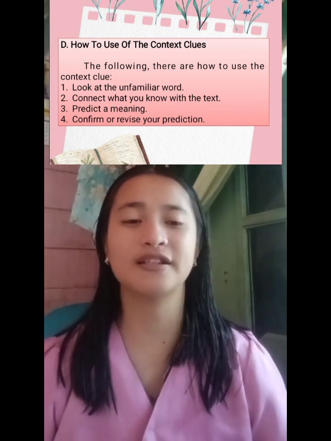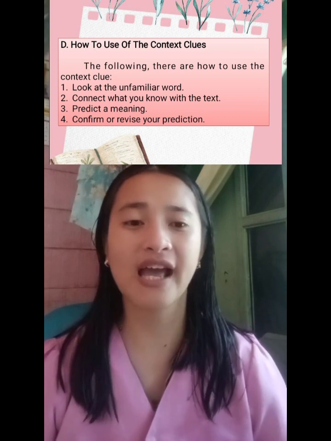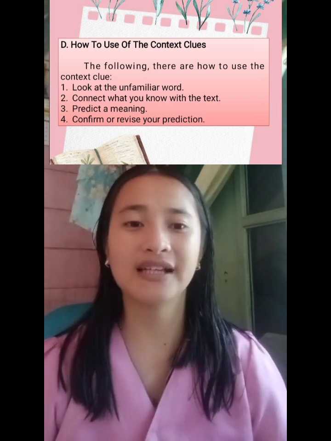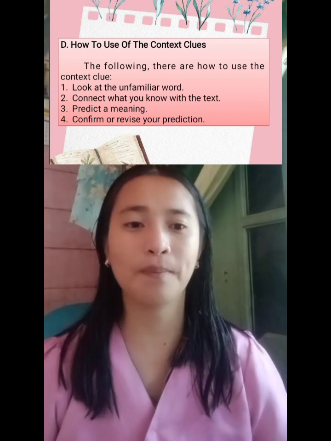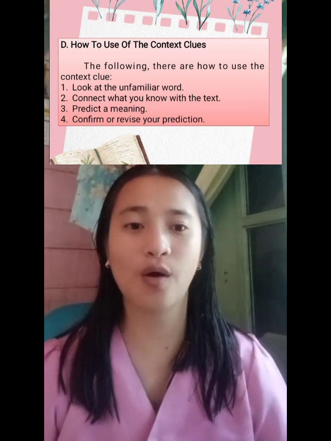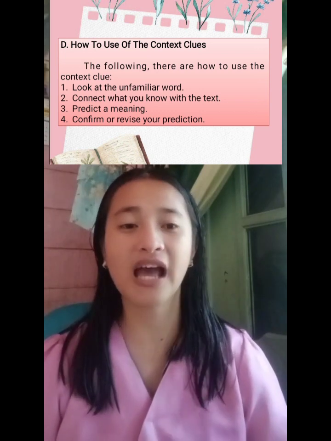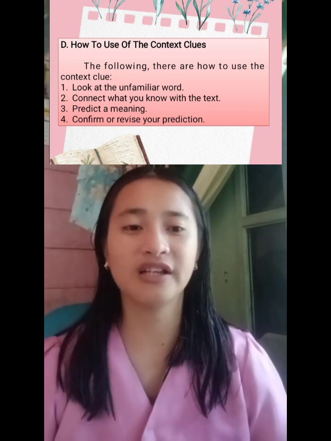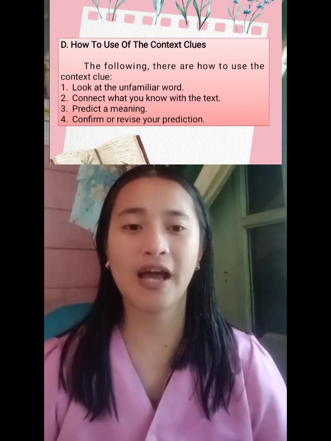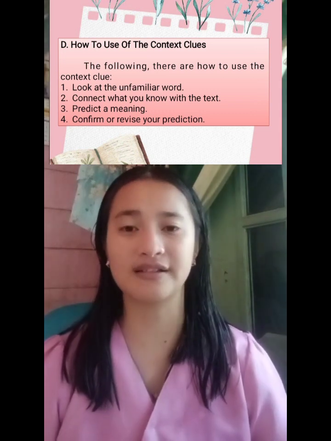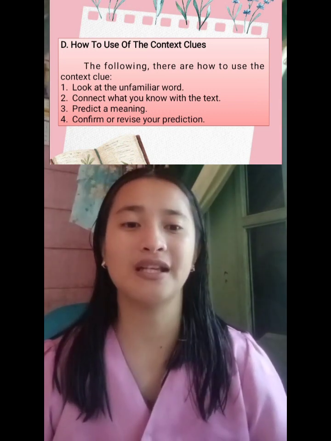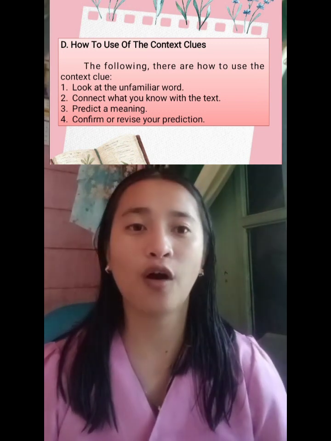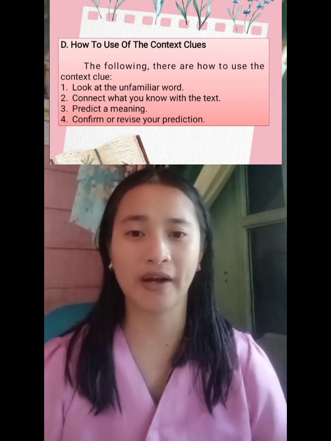Predicting is a process of systematically estimating something that is most likely to happen in the future based on past and present information, so that the error between what happened and the predicted result can be minimized. And the last is confirm or revise your prediction. That's all about how to use context clues.